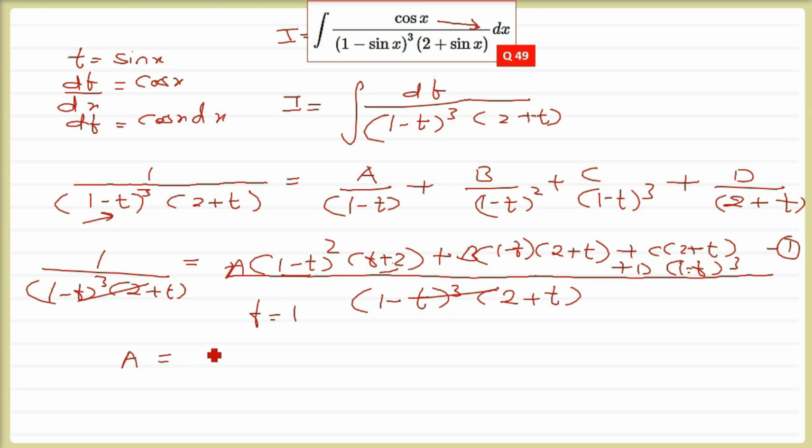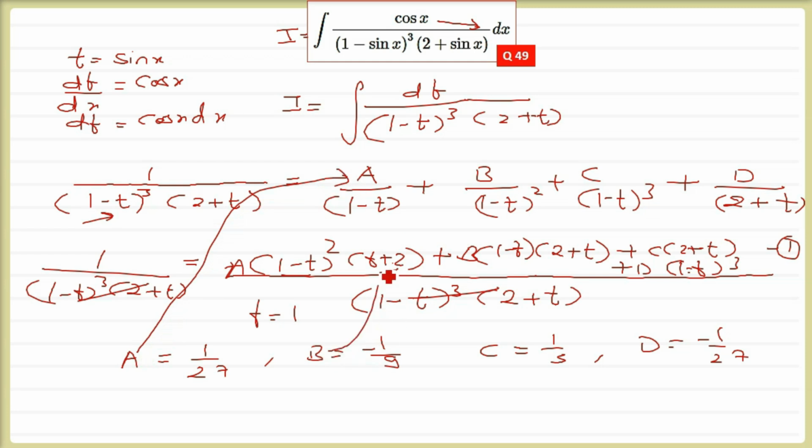So when you compute it, a will come as 1 by 27, b will be -1 by 9, c will come as 1 by 3, and d will be -1 by 27. All these values are going here. A will be replaced by 1 by 27, B will be replaced by -1 by 9, C will be 1 by 3, and D will be -1 by 27.